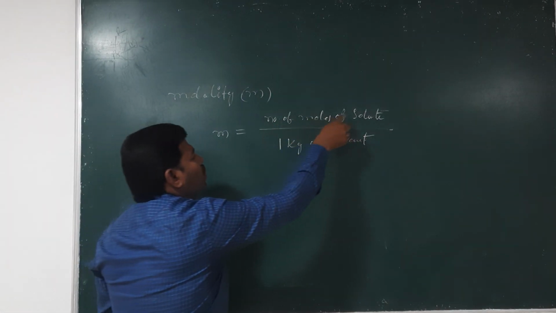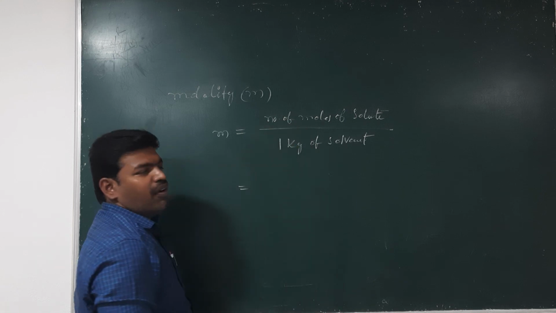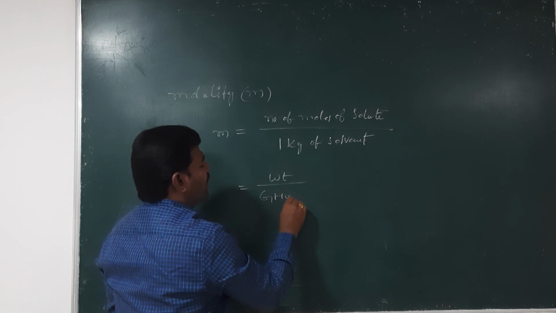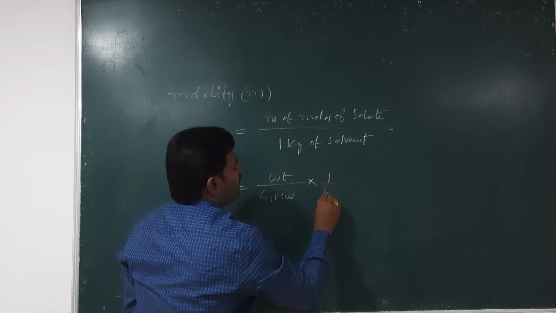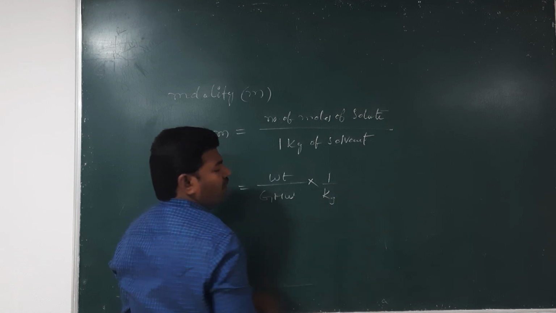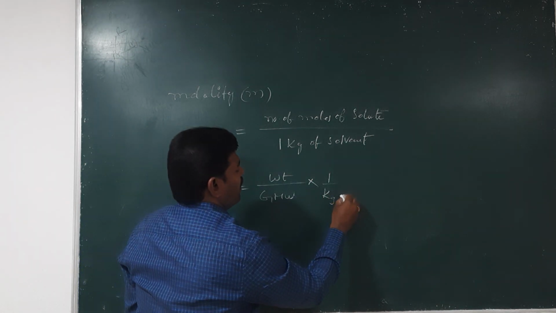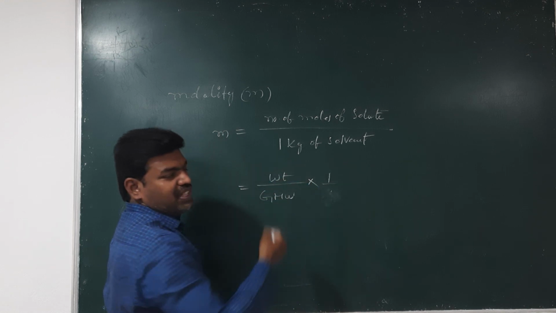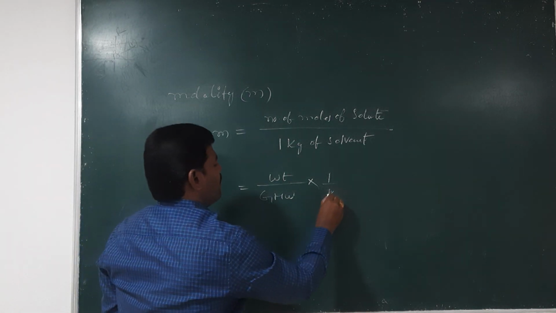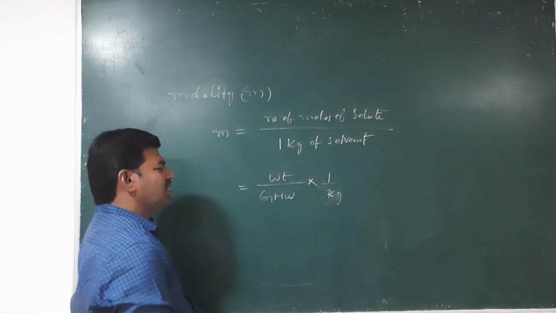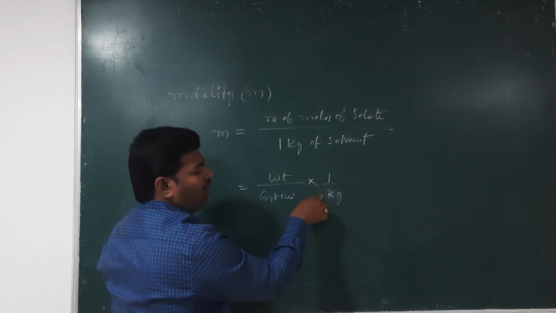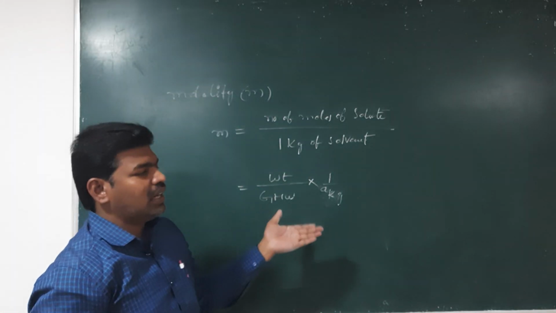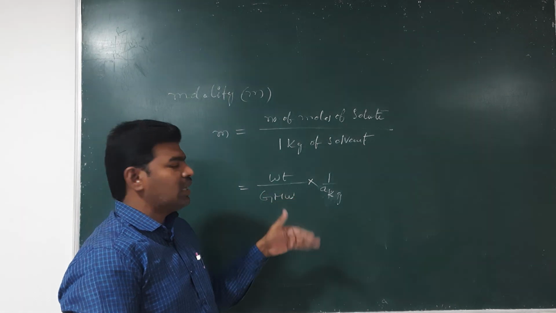The number of moles of solute we can find by the equation weight by gram molecular weight, into 1 by the mass of the solvent in kg.